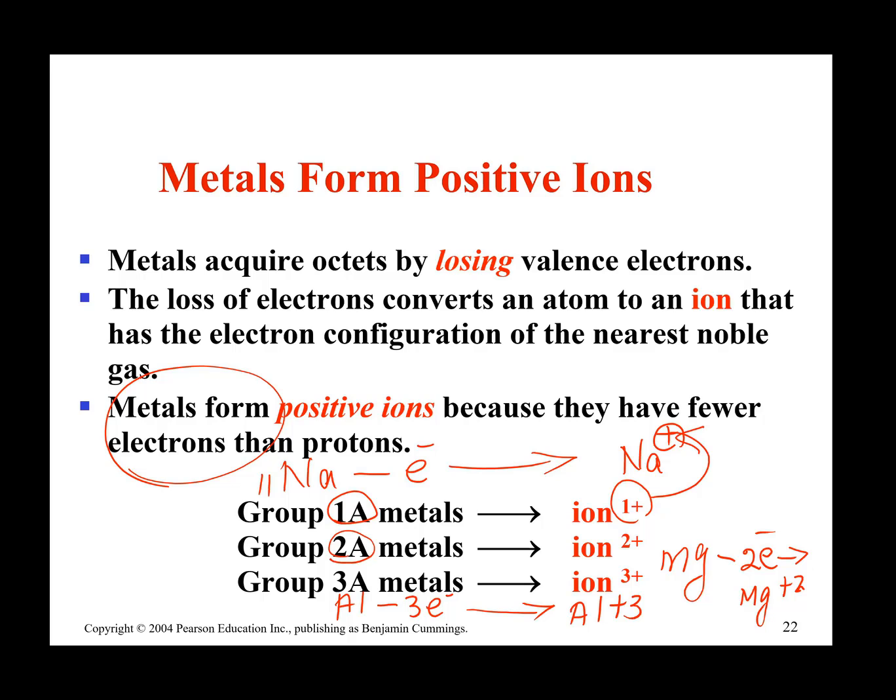They lose electrons. What charge do they have? They will have a positive charge. What's the amount of the charge? It depends on the group number. Look at the group number. Is it 1A? The charge is 1. Is it 2A? The charge is 2. The charge of their ion. Is it in group 3A? The charge is going to be +3.